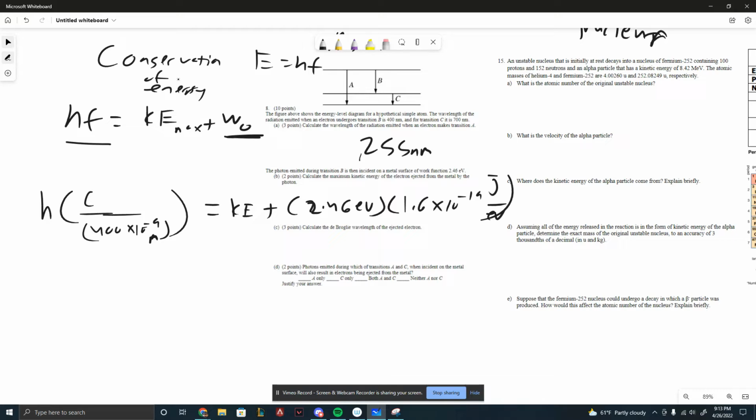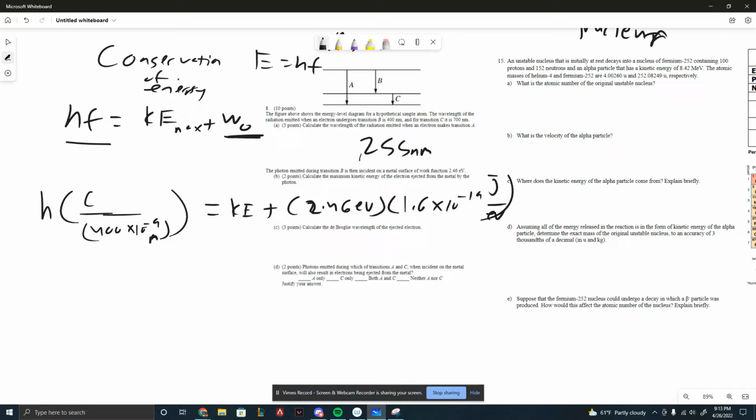Let me just do it real quick for you guys. 6.63 times 10 to the negative 34 times 3 times 10 to the 8, divided by 400 times 10 to the negative 9, minus 2.46 times 1.6 times 10 to the negative 19.